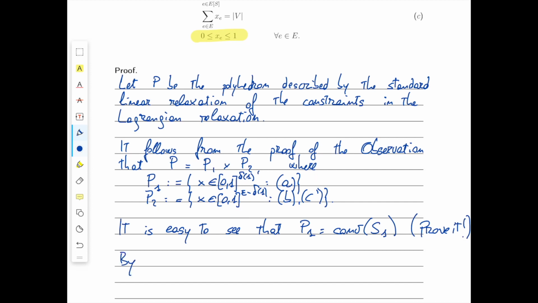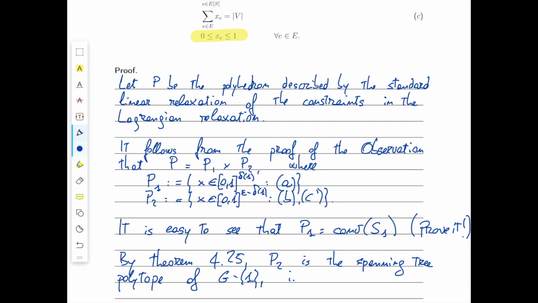And by theorem 4.25, P2 is the spanning tree polytope of G minus 1. That is, P2 equals conv S2. Therefore, both P1 and P2 are integral polyhedra, and so is their product, P equal P1 times P2. And this concludes our proof.